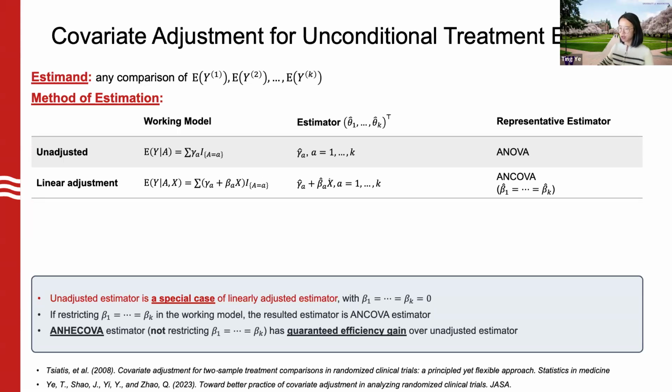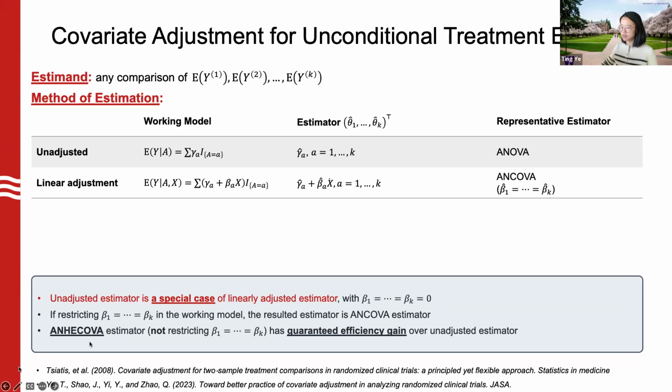And in a paper by Tsiatis in 2008, and also later by our paper in 2023, we studied the estimator that includes treatment by covariate interaction, which is called ANCOVA2 in the literature, and we also name it the analysis of heterogeneous covariance estimator, ANHECOVA, in our 2023 paper.